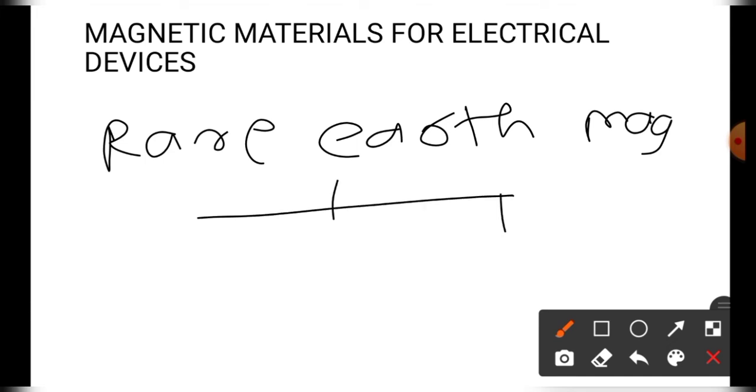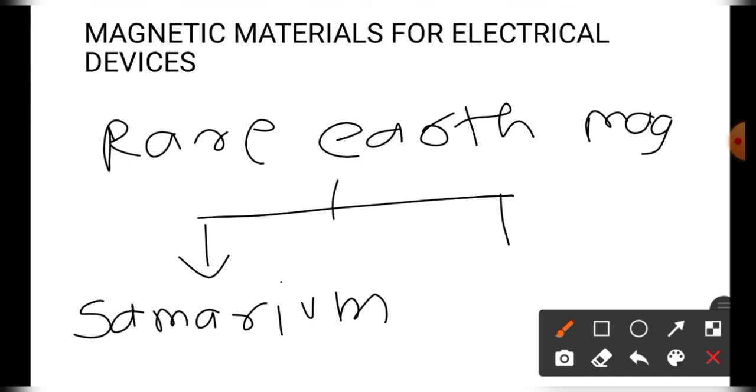Next magnet is the rare earth magnet. It is a strong permanent magnet, and it is made up of alloys of rare earth elements. There are two types of rare earth magnet. First one is the samarium magnet, and second one is the neodymium magnet.